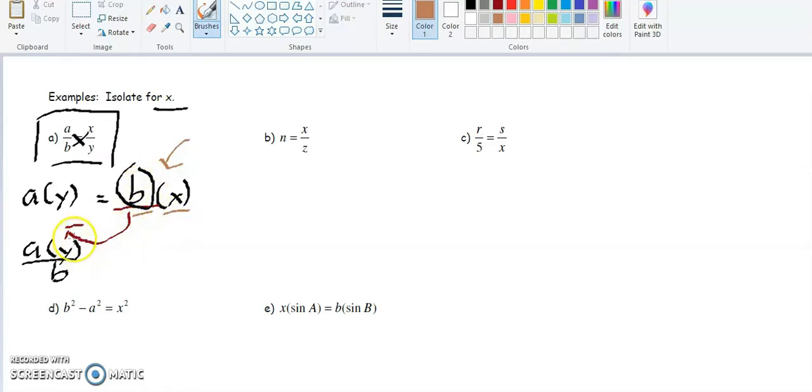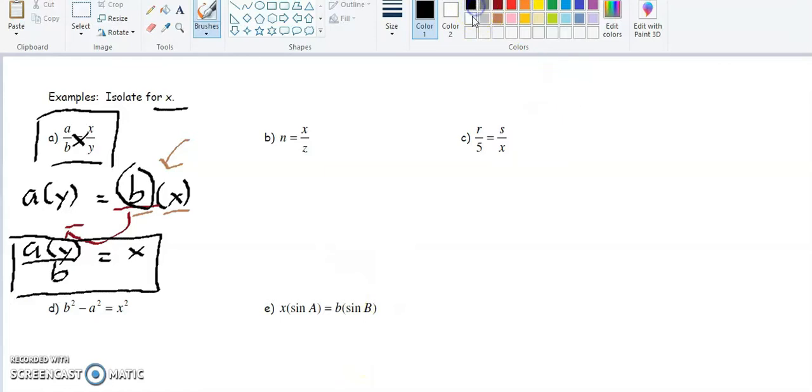So when you move it over to the left side, you have to do the opposite operation, which is division. So it becomes a times y over b. So right after doing that, we just have to put equals x. So basically, once you isolated b to the other side, you have isolated x. So the final answer for letter A should be a times y over b.